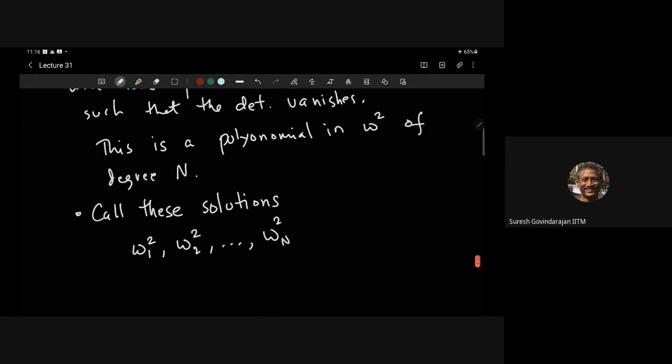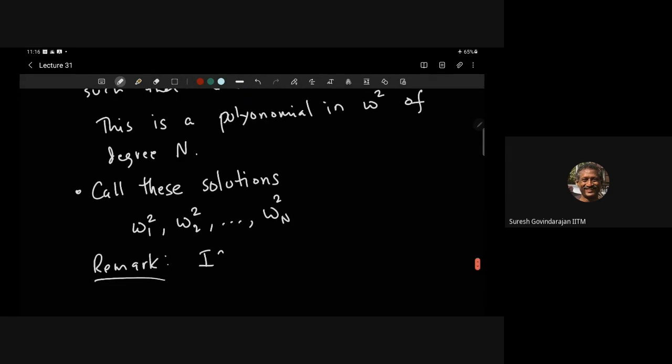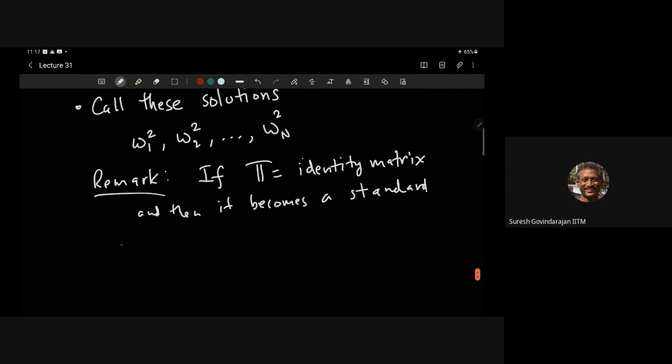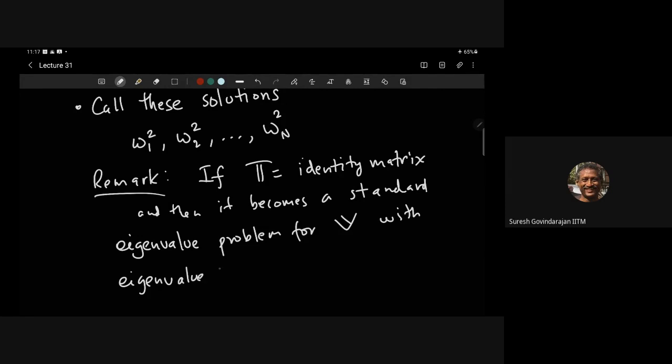One more nice remark: if T were identity, then the determinant condition becomes the standard eigenvalue problem for V, with the eigenvalue lambda being omega square.